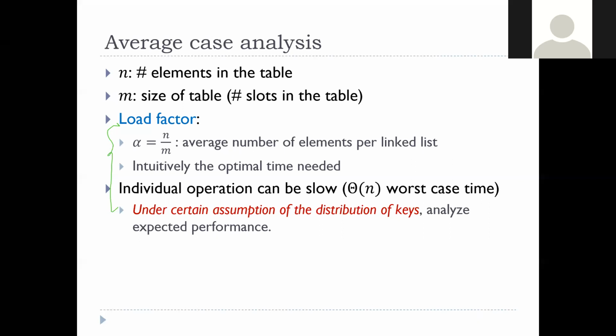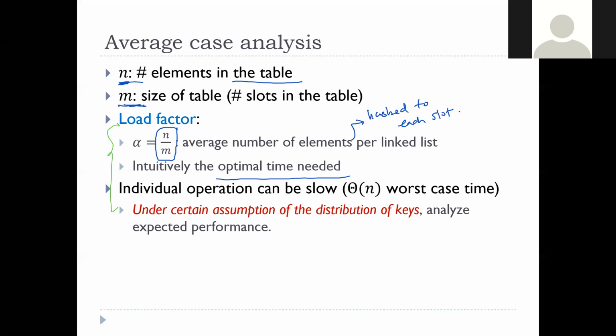As I said earlier, if you have n elements you want to store, and your table size is m, then n over m is the average number of elements hashed to each slot. Each slot in your hash table will receive n over m elements, and as we said earlier, this is the best you can hope for if you want to spread them out evenly.